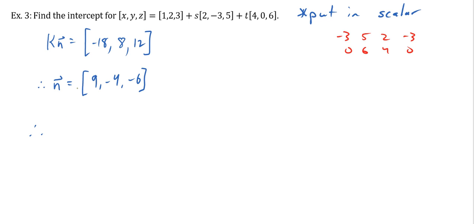Okay, so I can do this: 9x minus 4y minus 6z plus d equals 0. How do I find d? Ayla? Thank you. We've got this position vector, which is a point in the plane.